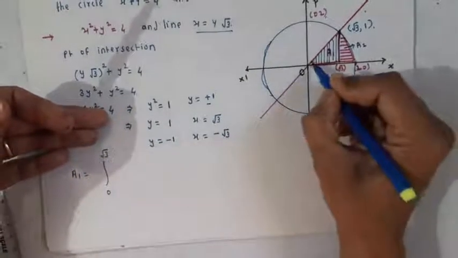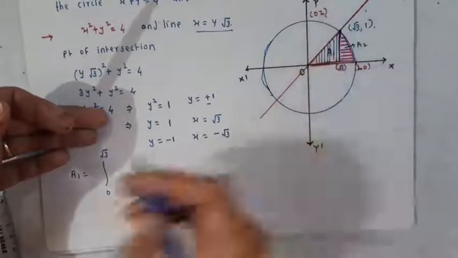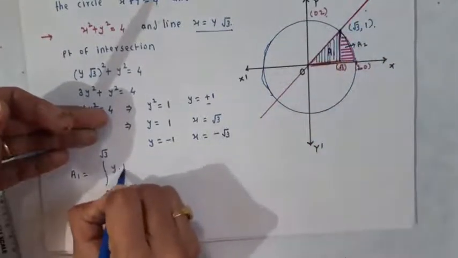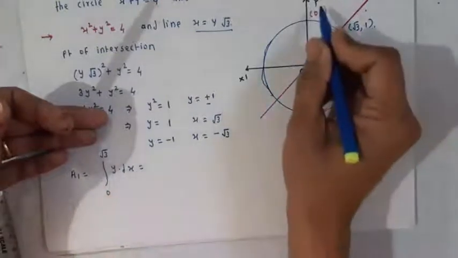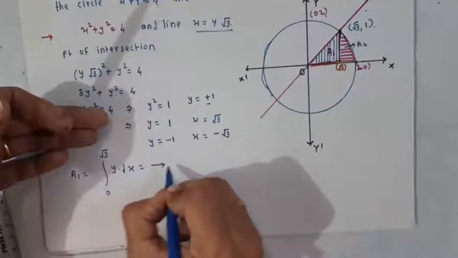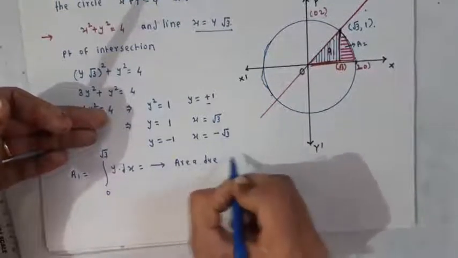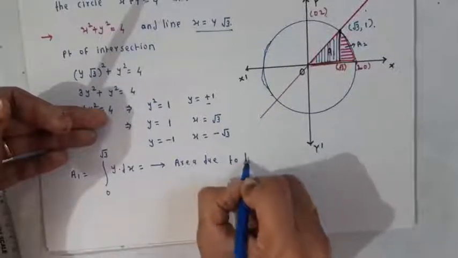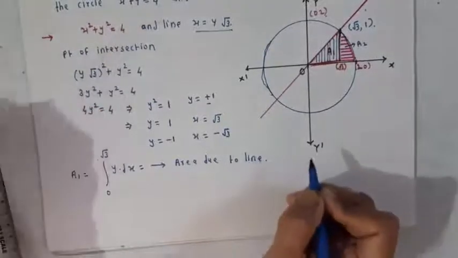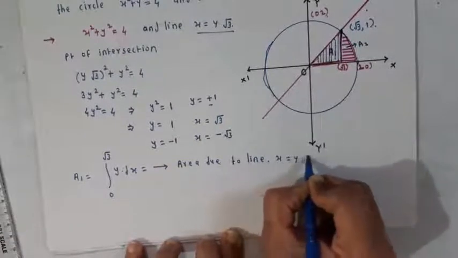The equation of the line is x equal to y root 3, that is y with respect to x. Put the value of x, meaning the area due to the line x equal to y root 3.